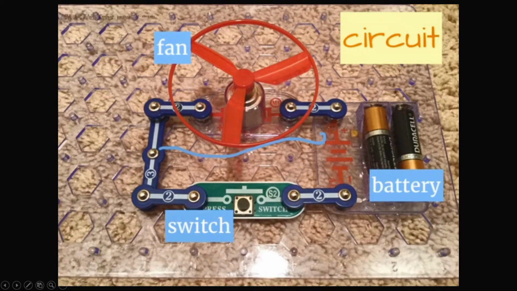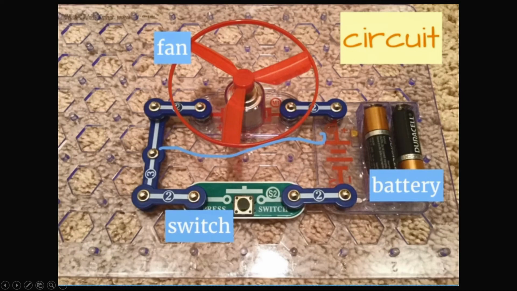So I had to flip this piece around, and when I did that, it created a circuit that worked. It let the battery flow through to the fan. My next step is to make it lift off from the ground.